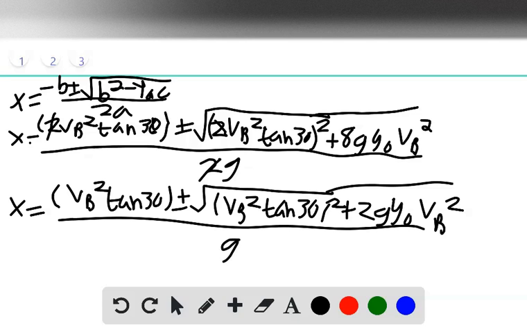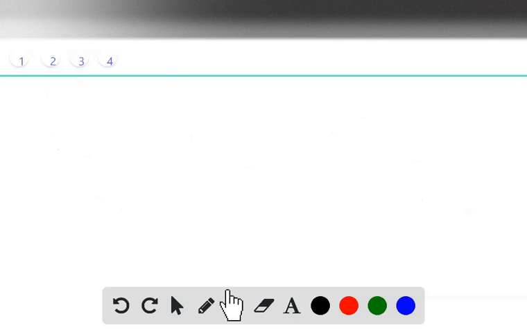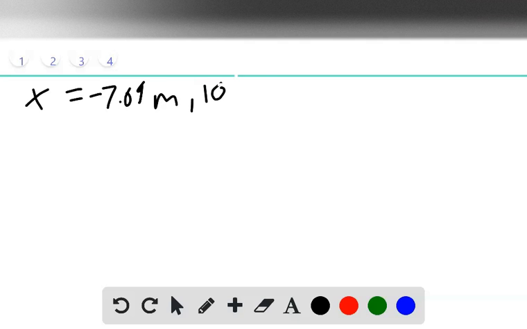So solving this, very carefully plugging it into a calculator, you get x equals minus 7.09 meters and 100.8 meters.